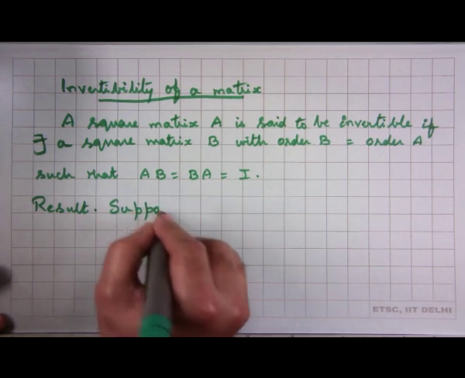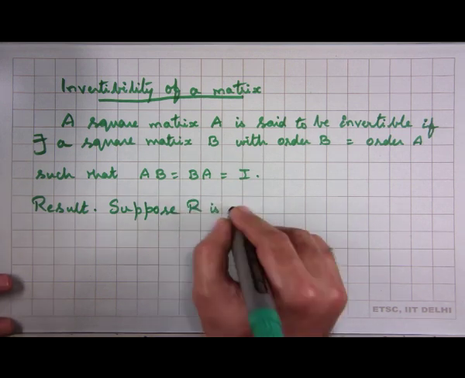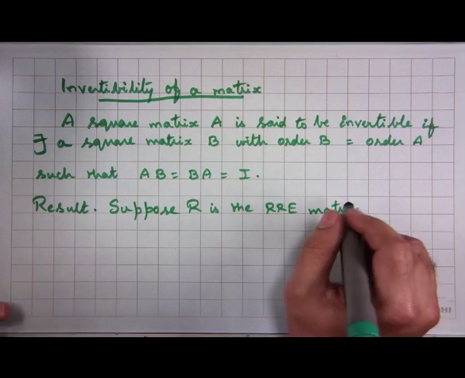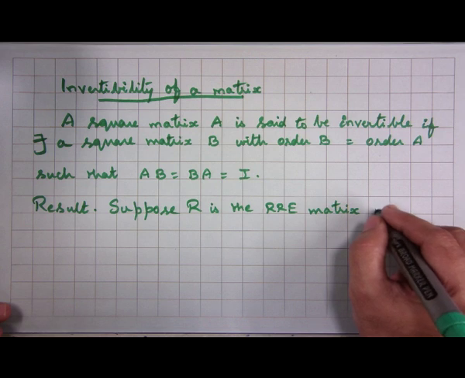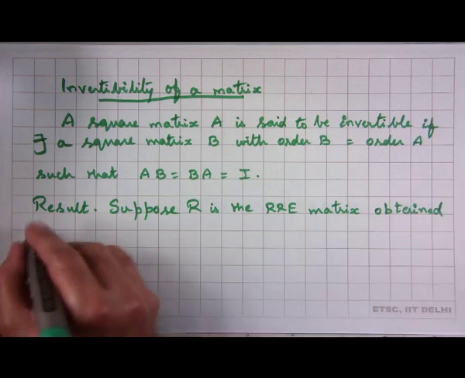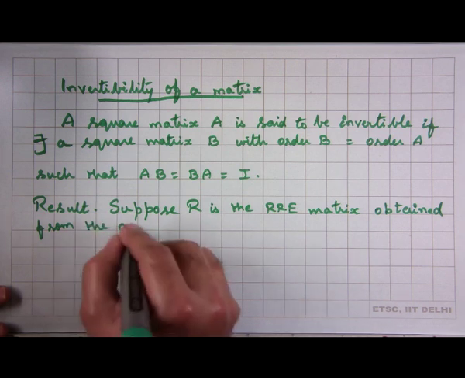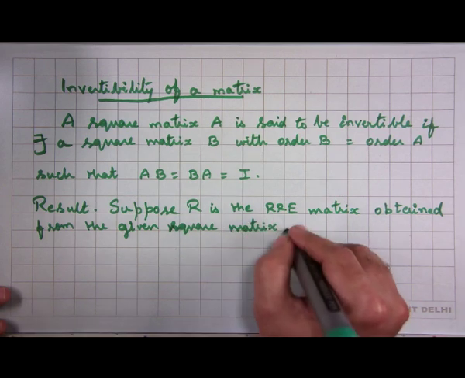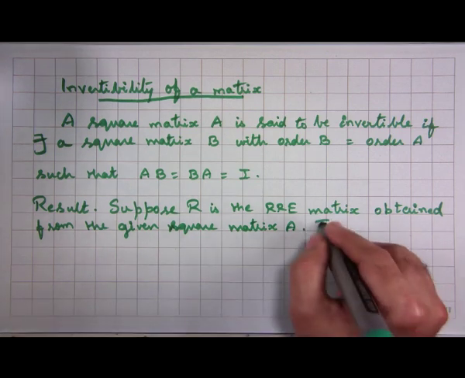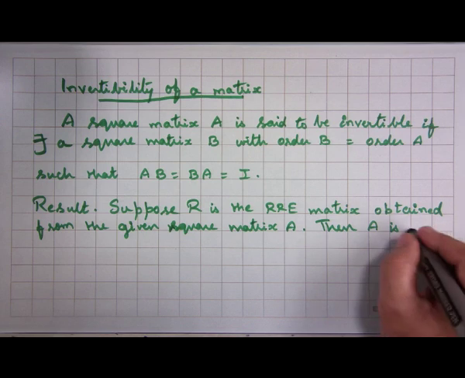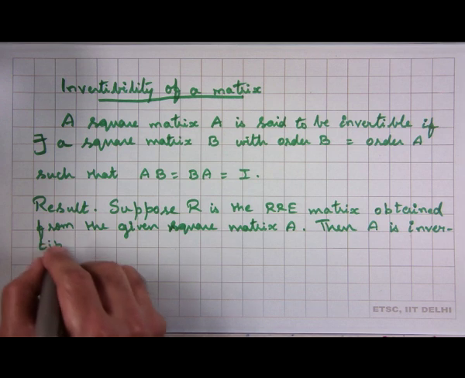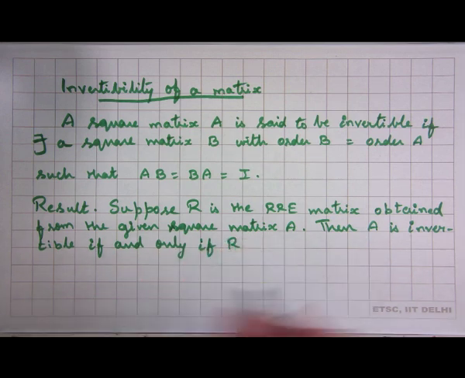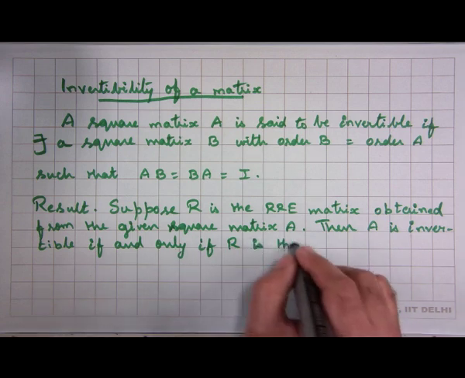Suppose R is the RRE matrix, row reduced echelon matrix, obtained from the given square matrix A, then A is invertible if and only if the RRE matrix R is the identity matrix.